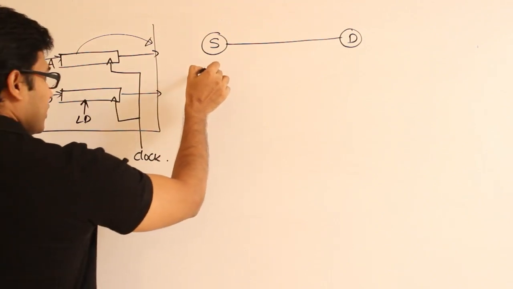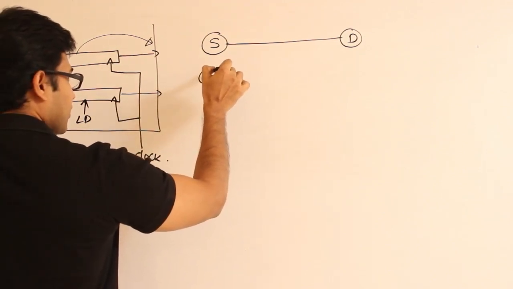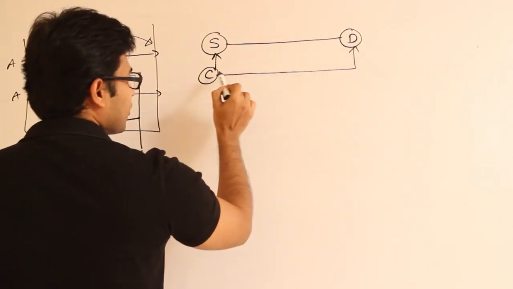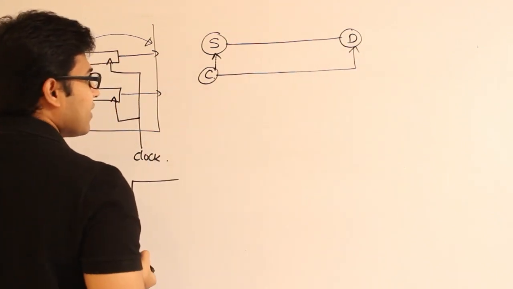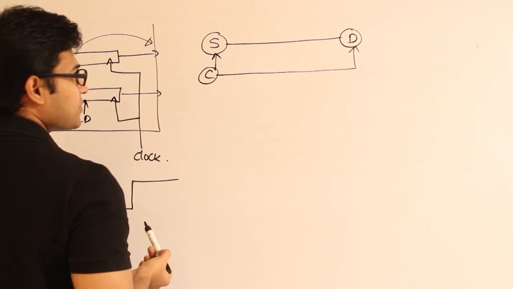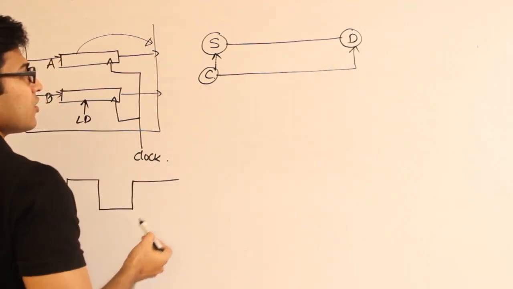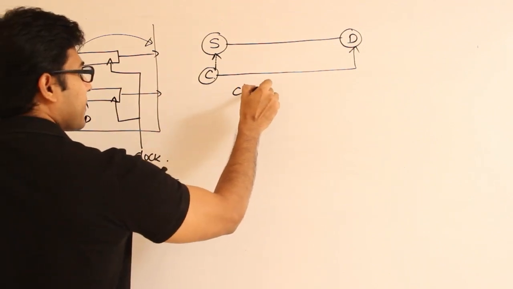Let us say we have the clock here, and this clock is being provided to the source as well as to the destination. Even though you are providing it this way, there will be certain gaps between the clock here and the clock there. It is called the clock skew problem.